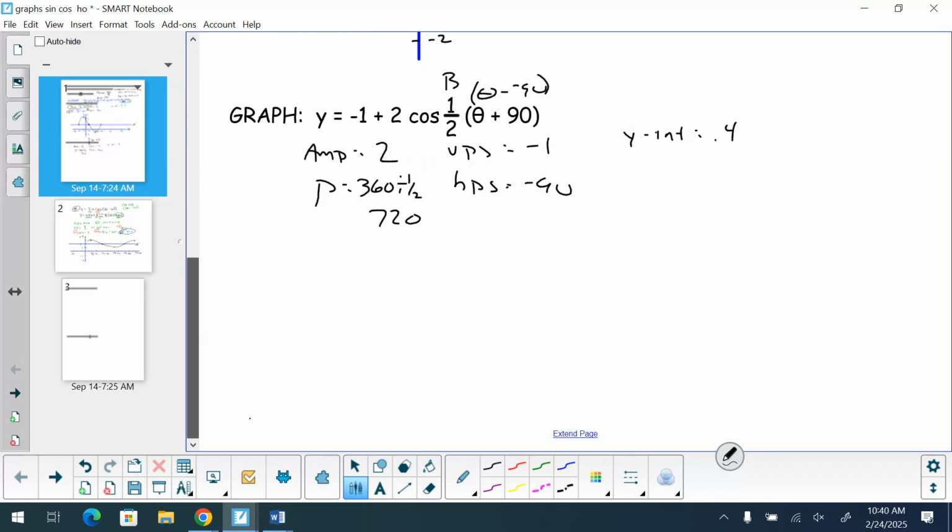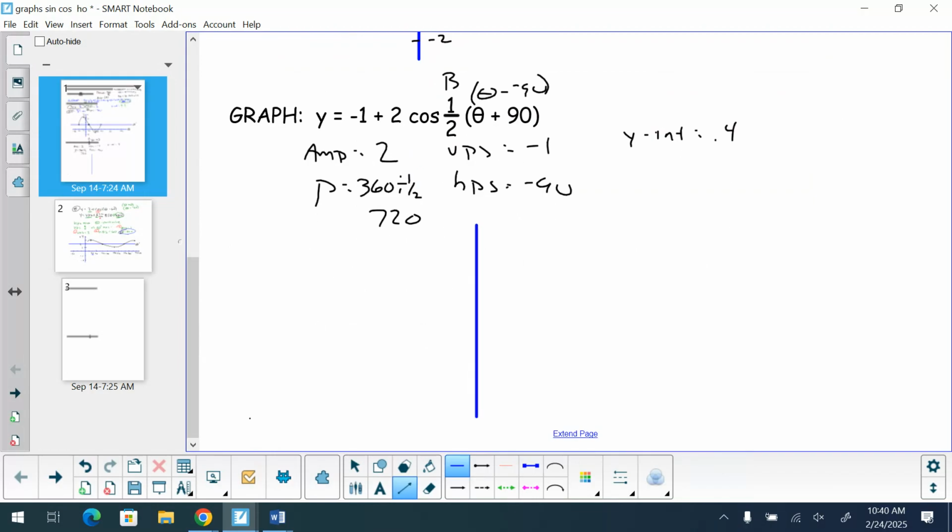So we're looking at our graph now. Okay, period 720. I have an amplitude of 2, and vertical phase shift of -1. So I can be pretty much in the middle here.